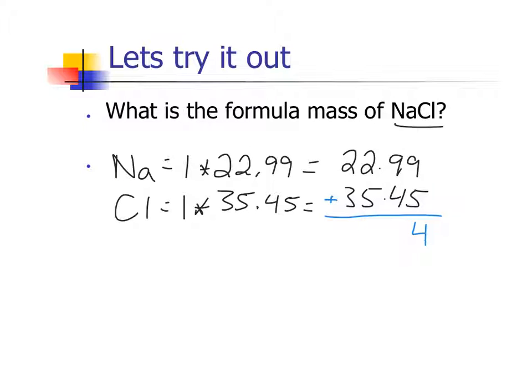So 14, carry the 1, 14 again, carry the 1, and we have 8 point, and then it would be 58.44 as my answer.